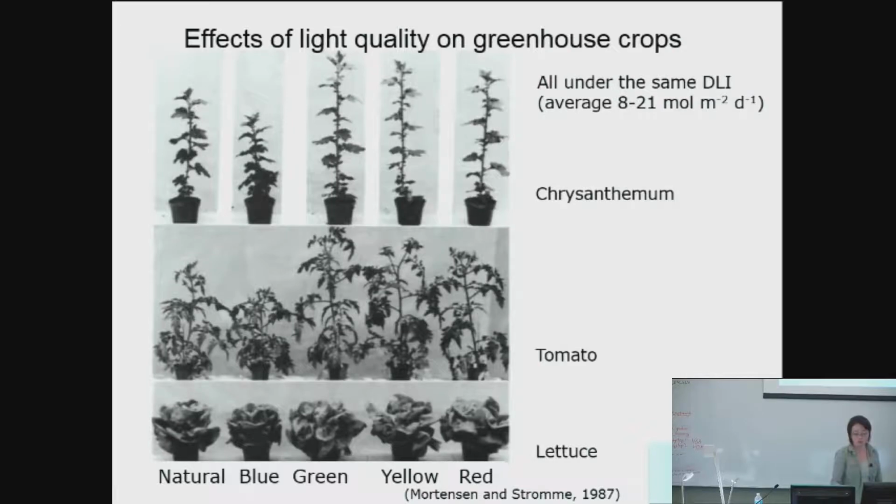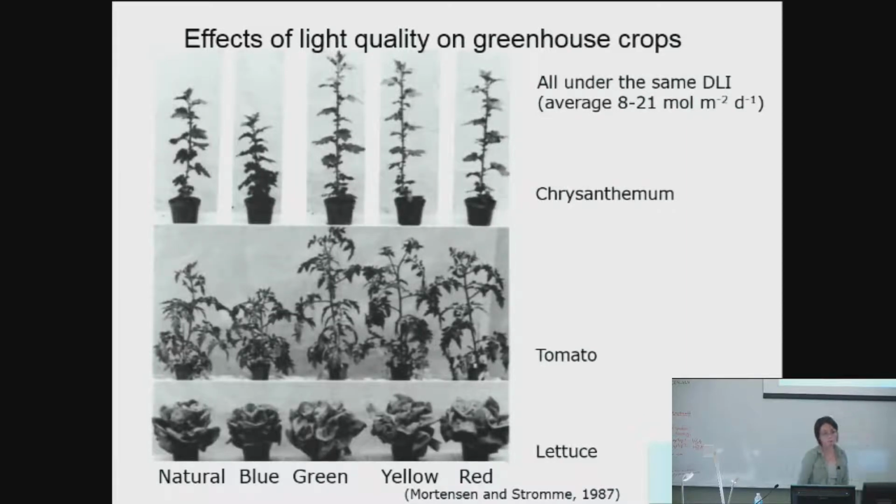And green, yellow, and red seem to be expanding or stretching the stem more than natural light. And there would be potential factors there, whether it is UV light or far red, which is helping. So it's not exactly saying what is contributing in this case.